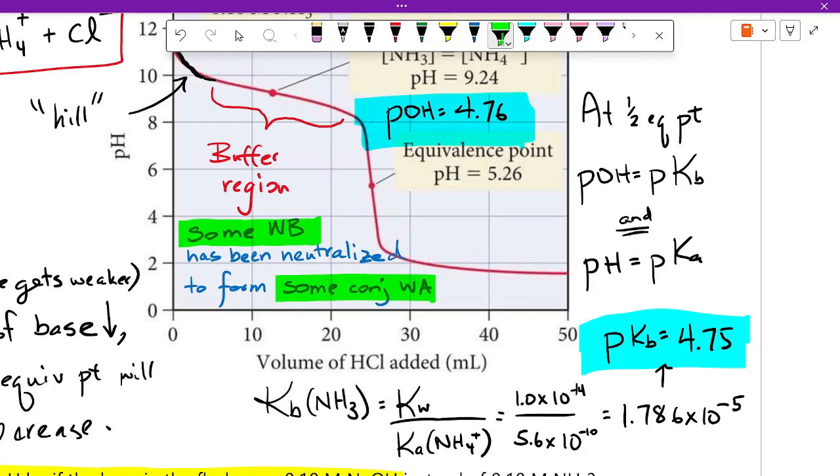That is a buffer. So that's why it's called the buffer region, because you've made a buffer. Is that good? Okay.